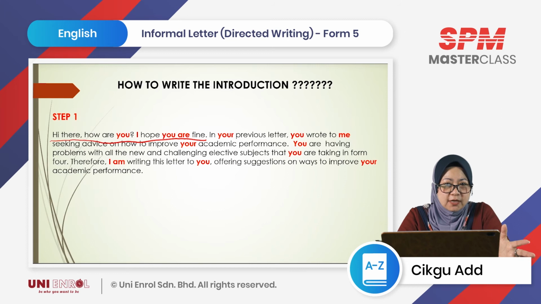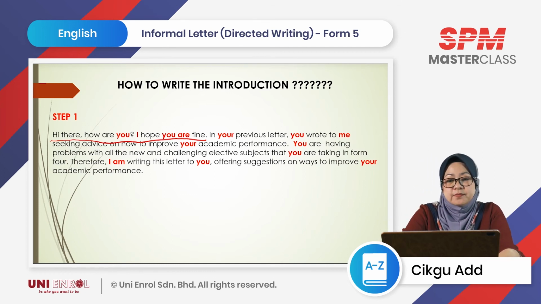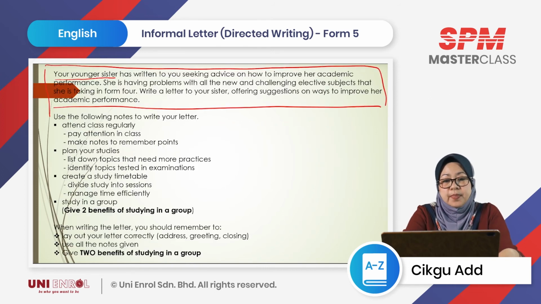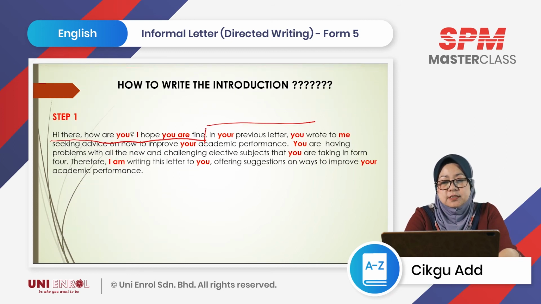This is actually a shortcut for the students so that you do not waste time by writing your own sentences. What I did is I just changed the subject. For example, in your previous letter that I took from the question, I just add the sentences after that. Has written to you. What you did is, you're just going to change the subject here. You become I, I become you, me will become I.